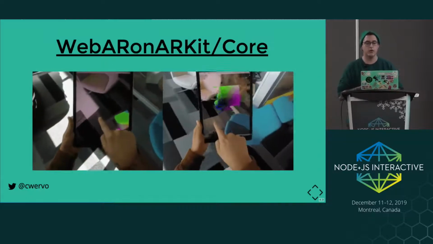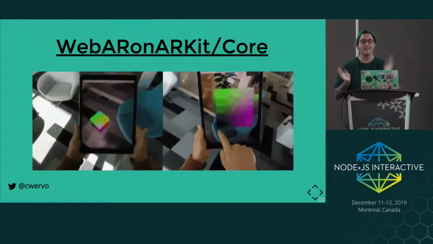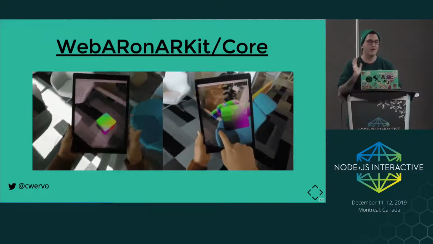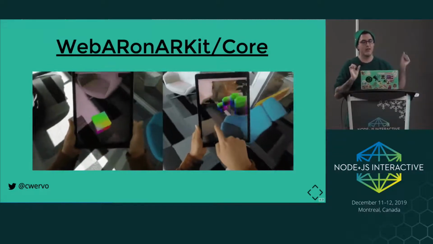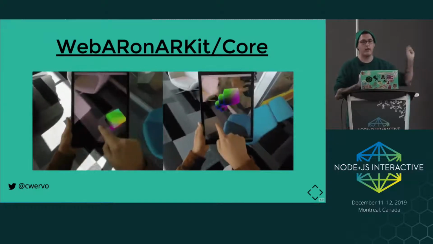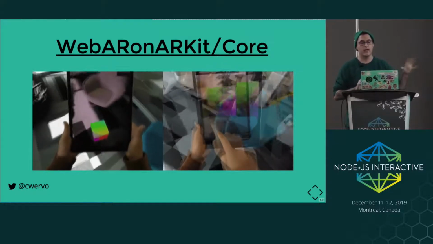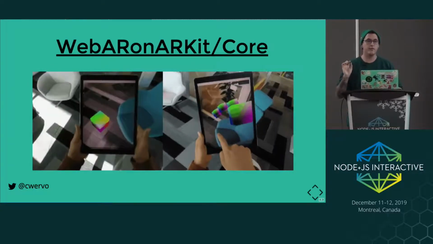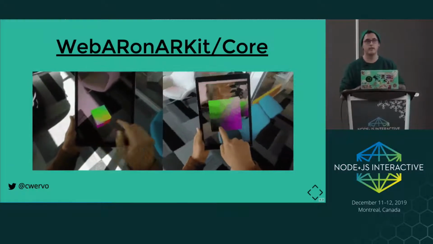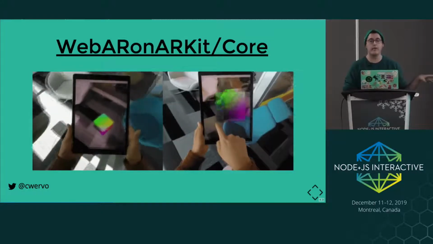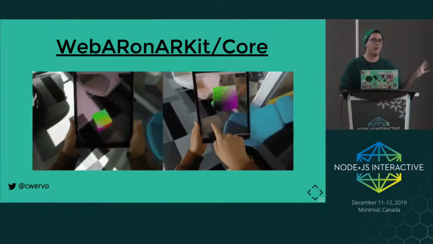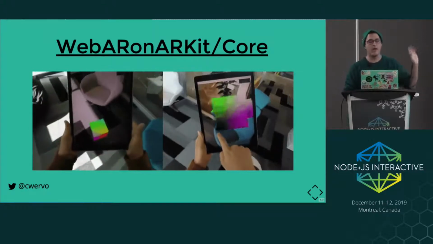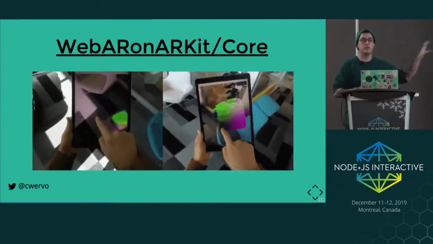One from Google is called WebAR on ARKit or WebAR on ARCore. It doesn't really roll off the tongue. Basically, all it's doing is taking those proprietary AR APIs, ARKit and ARCore on iOS and Android respectively, and fusing those to an instance of a web page. This isn't Safari, this isn't Chrome. Well, this is Safari on iOS, but the point is this isn't a shipped browser.